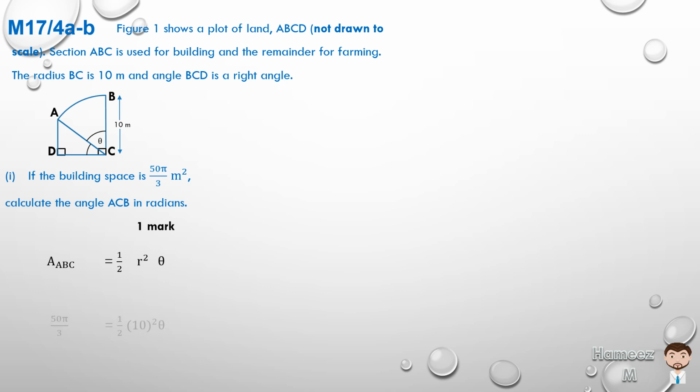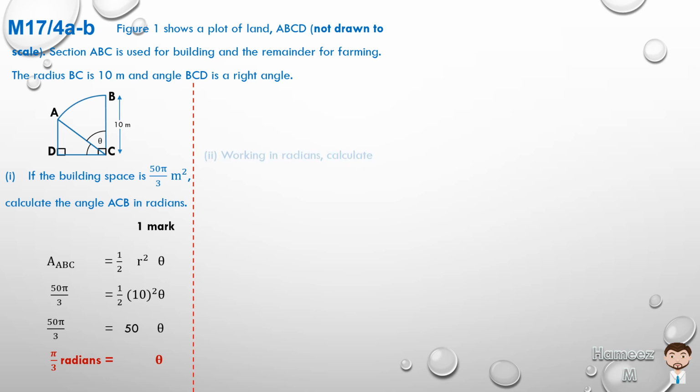Substituting, 50 pi on 3 is equal to half times 10 squared theta, because the radius is 10. So 50 pi on 3 is equal to 10 squared is 100, half of 100 is 50, theta. If we carry the 50 across and divide, then theta is equal to pi on 3 radians, which of course is equal to 60 degrees.